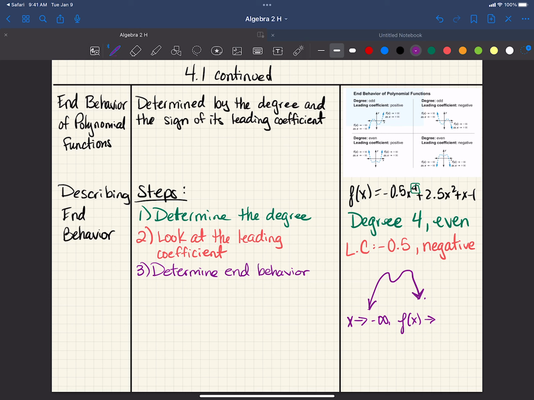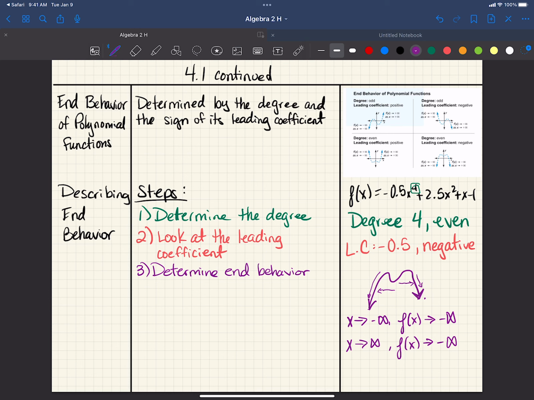So I would look at my graph and look at how the graph is going as my x values turn negative, right? My y values turn negative. So they are going towards the negative. And then as my x is approaching positive infinity, my f of x, so once again, as my x terms are moving to the positives, my y is still going towards negative infinity.